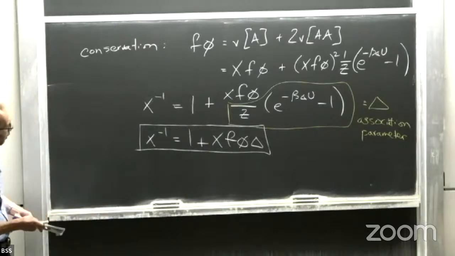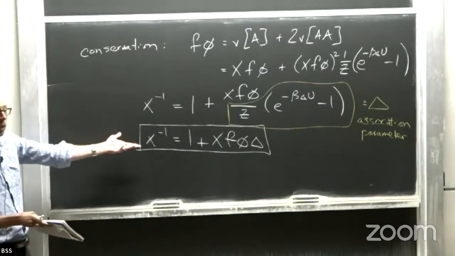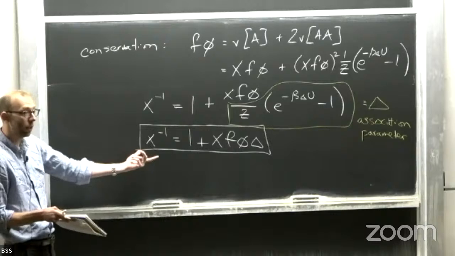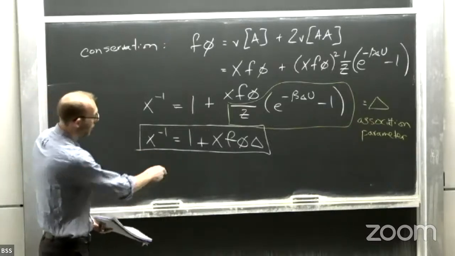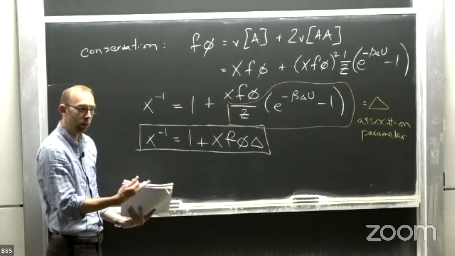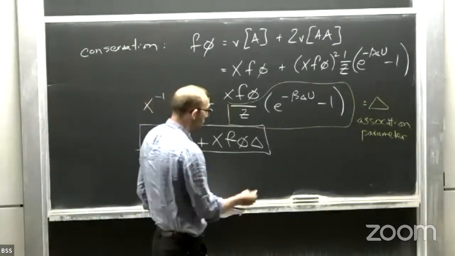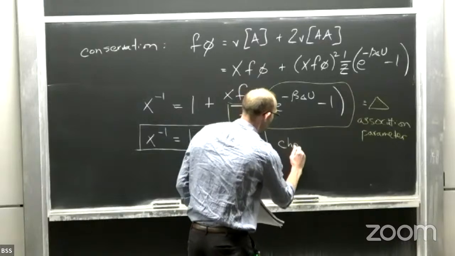So this is now just an equivalent way of writing the chemical equilibrium expression that we had here, but now in terms of our X variable, right? The one that tells us about binding sites being available.